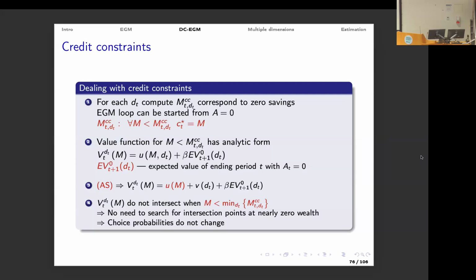And that means that the value functions are parallel in that region, and choice probabilities just do not change. And again, you're getting to this situation where for extremely low values of wealth, you don't really need to compute anything. It's all analytical or even constant, right? And that's where the problems usually appear in numerical solutions. That's where wealth is really close to zero.